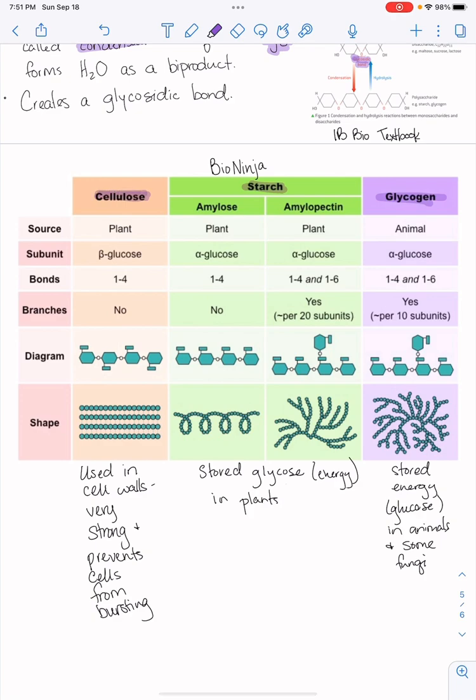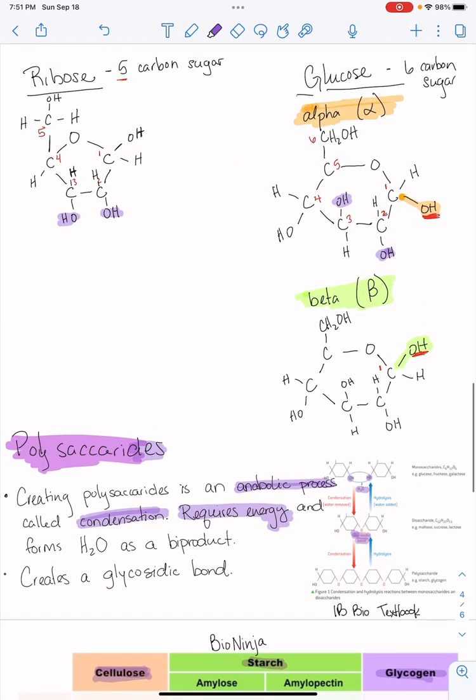The first thing that we have is cellulose. It's found in plants. You probably have heard of cellulose, or that word maybe sounds familiar to you, but the subunit is beta glucose, okay? So remember, if we go back up, in beta glucose, this hydroxyl group is up here, okay?